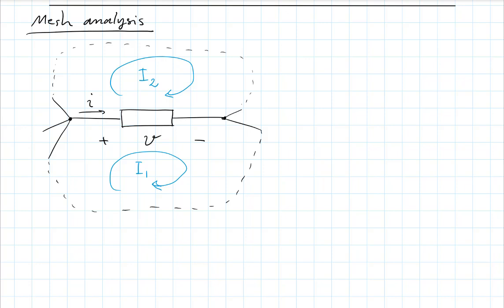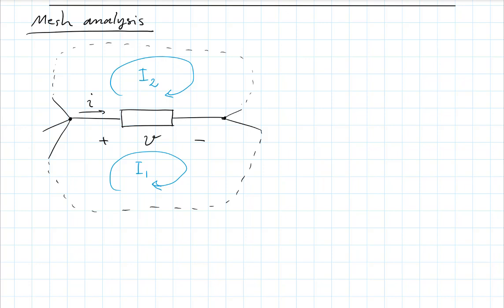Here's one way to think about it. Imagine I1 represented the flow of positive charges going in the clockwise direction in this lower mesh, and so they're also going through this element here. And imagine I2 similarly being the flow rate of positive charges going clockwise in the upper mesh.